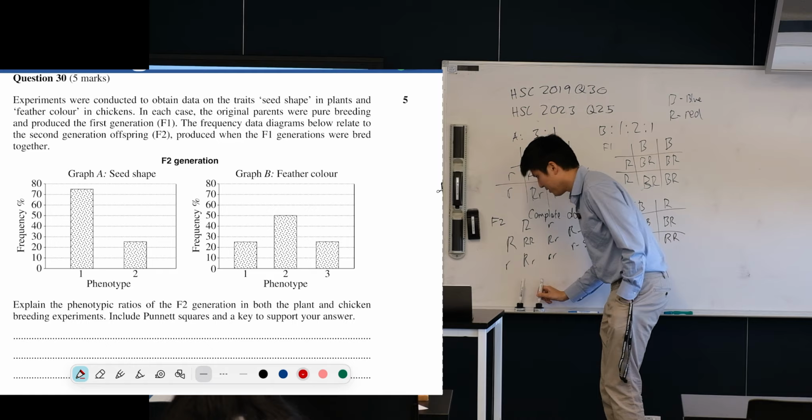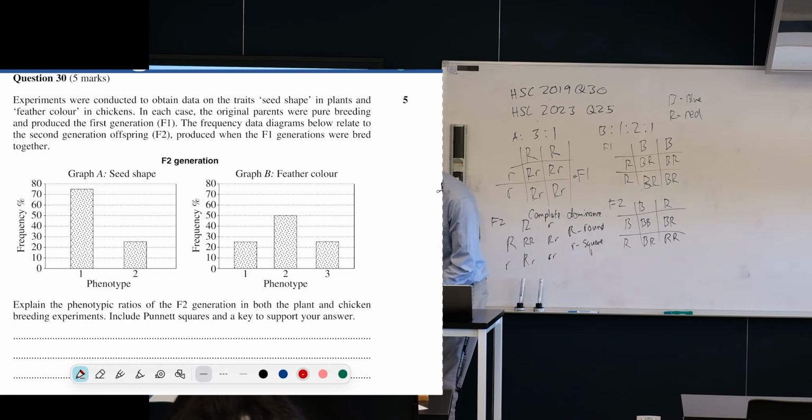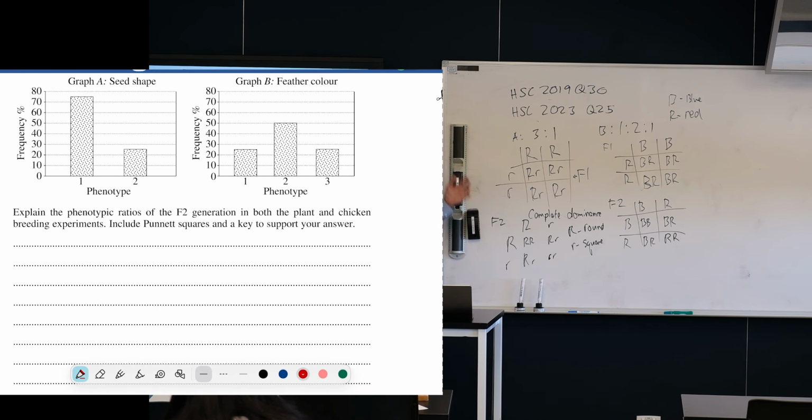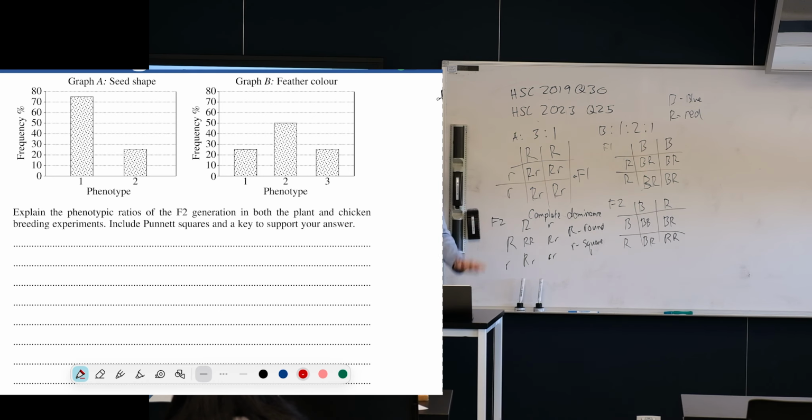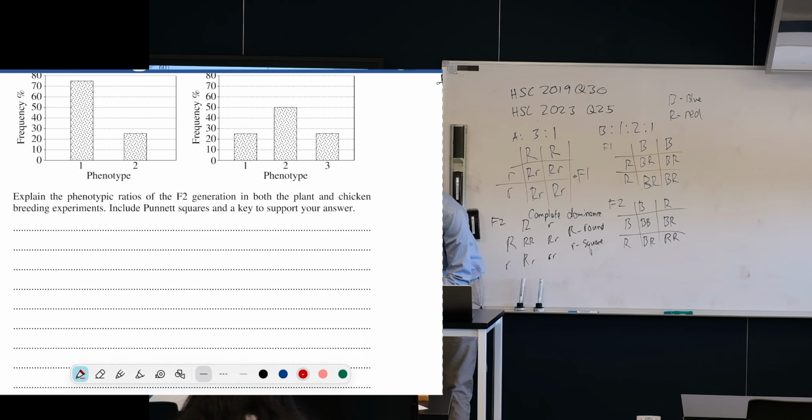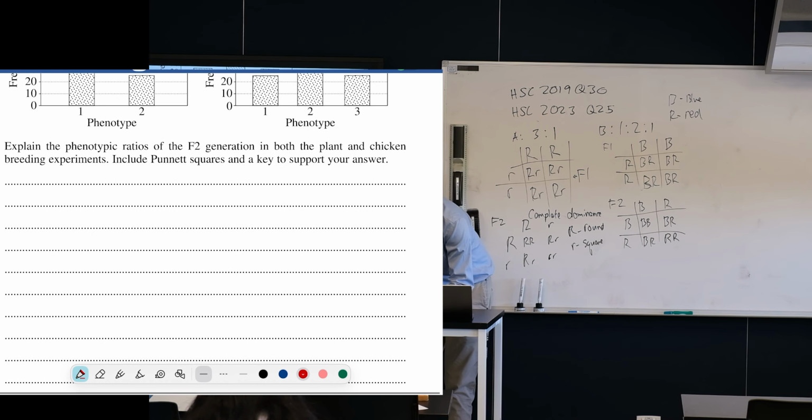Cool. So in my response, I need to include all this. So this is like the raw data I need to have. And then I'll probably just write some explanations around it, so some of my reasoning behind why I picked this. So I could say something a bit like, I'll just do A first.